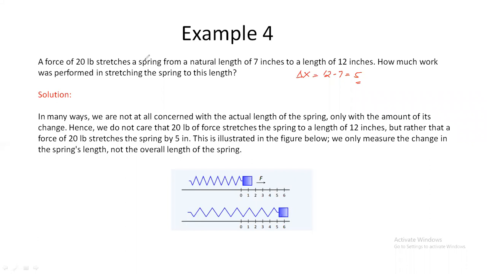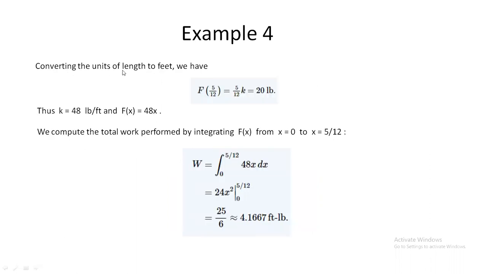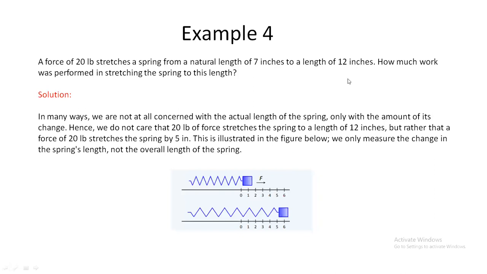So we are not yet able to determine the work done on the spring. Converting the units of length to feet: since our change in length is in inches, and we know that with English units for work problems it should be pound-foot, the length should be in feet.